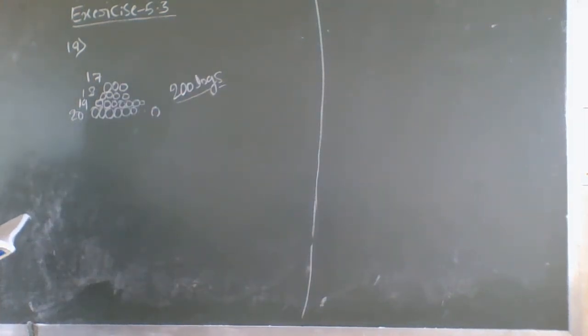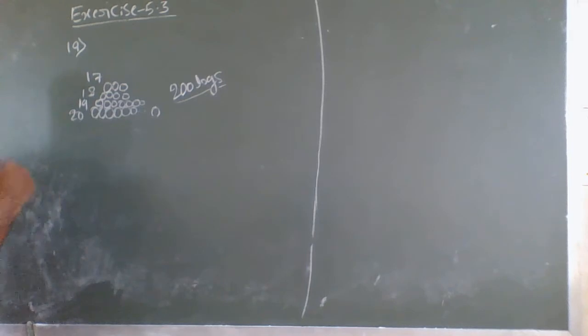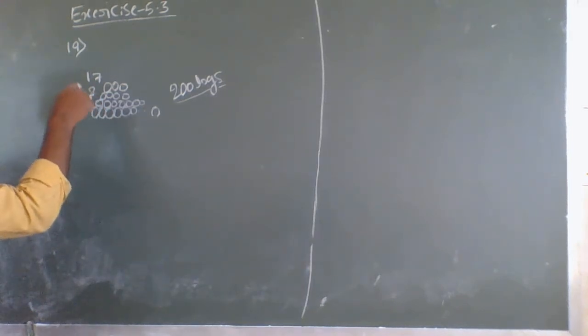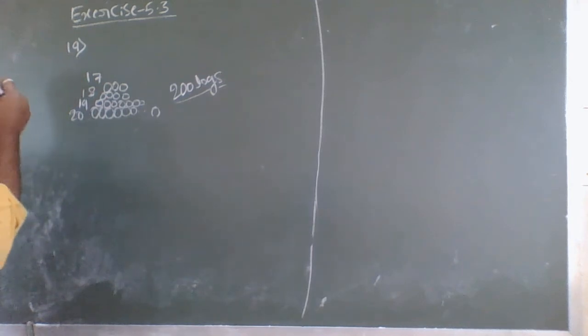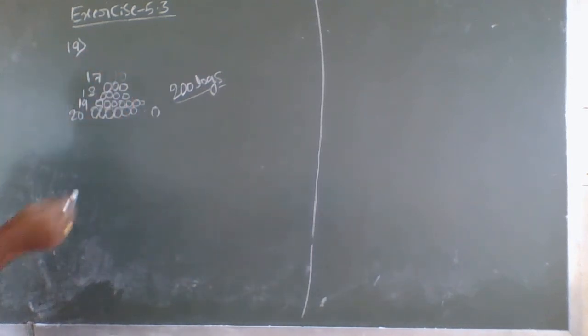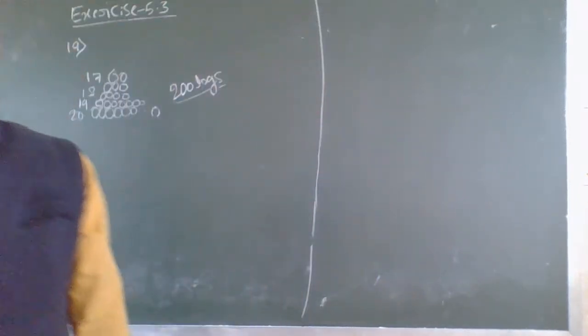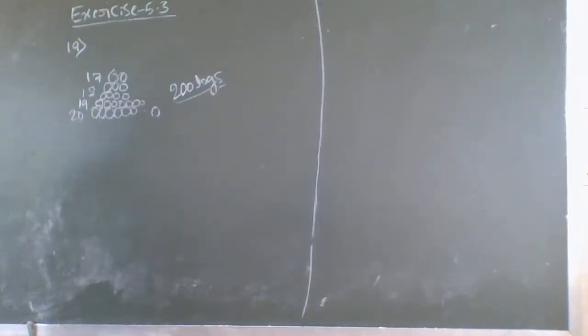And how many logs are in the top row? We should calculate this. So by observing this problem we can write the AP like this.